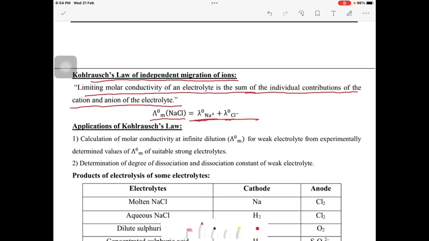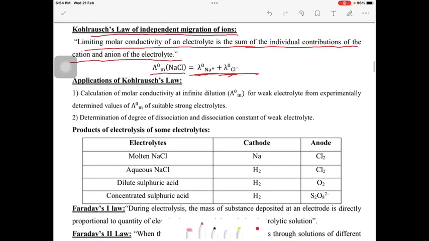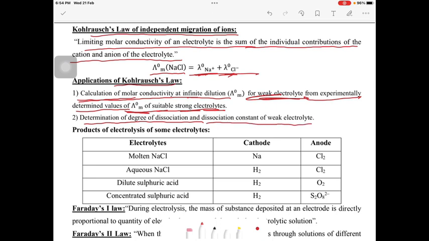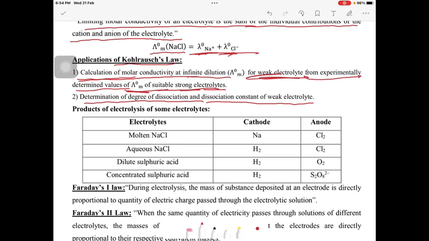Applications of Kohlrausch law: first, calculation of molar conductivity at infinite dilution for a weak electrolyte from experimentally determined values of lambda m naught of suitable strong electrolytes. Second, determination of degree of dissociation and dissociation constant of weak electrolytes.